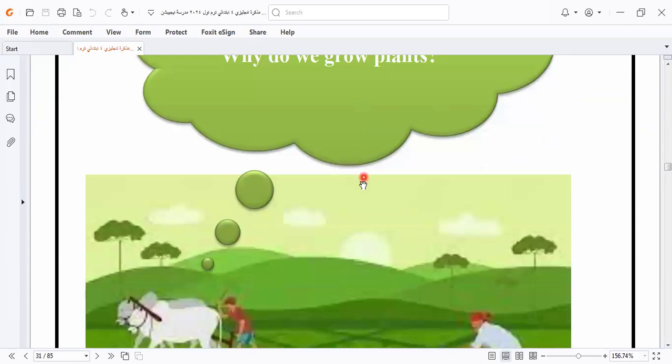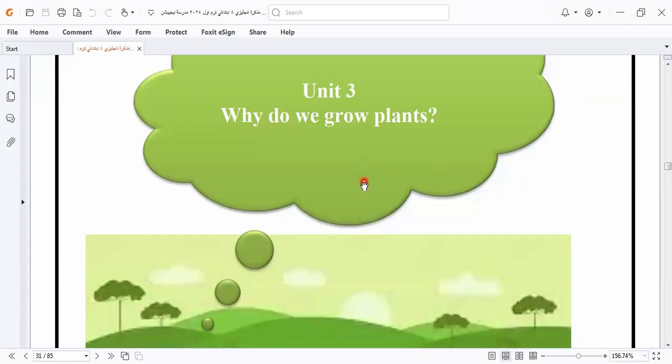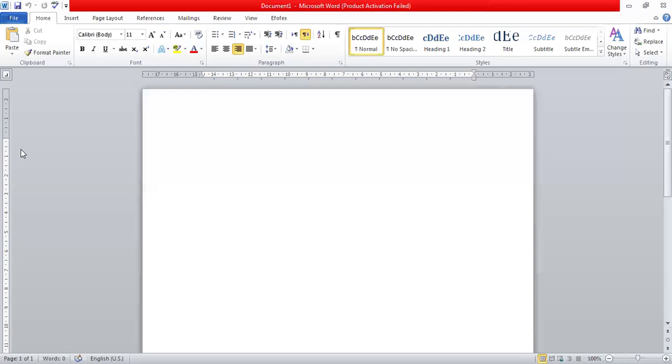This is grow. As we took in Unit 1, we knew two words. We took the word raise in Unit 1, and raise is used for what?